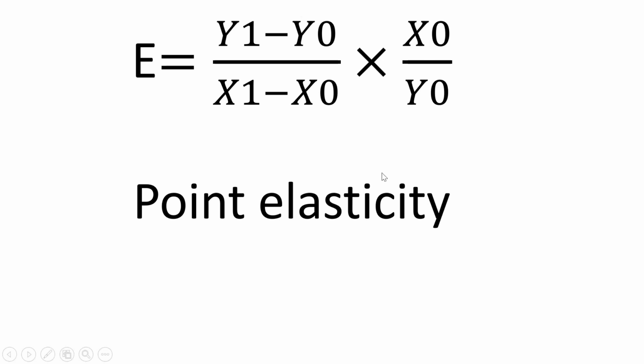But if the change is so big, then it is rational that we express the change in the variable to the midpoint of the change, and also the change in the determinant to its midpoint. That is the essence of the arc elasticity. It is acknowledging that the change is so big. So for us to get something that will not distort the fact, we need to use the midpoint.